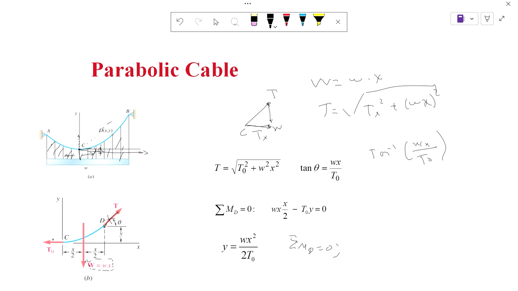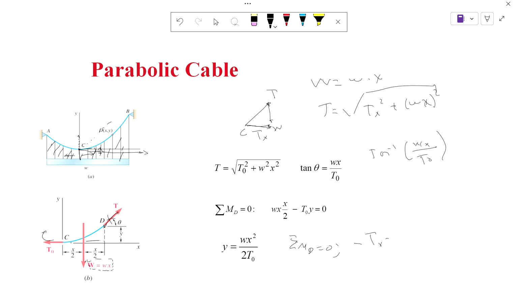We're going to have this force in a clockwise moment, so it's going to be negative Tx, declare T0, or T naught, Tx times x half plus x half is x.